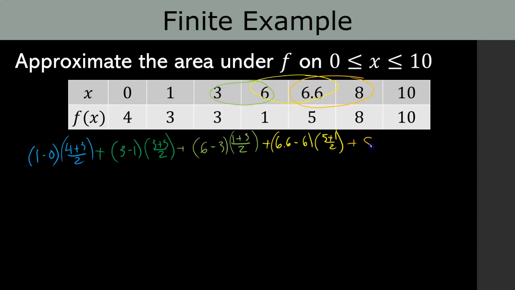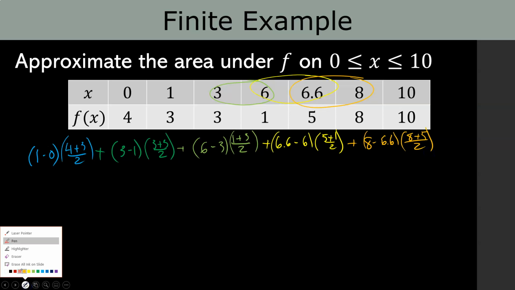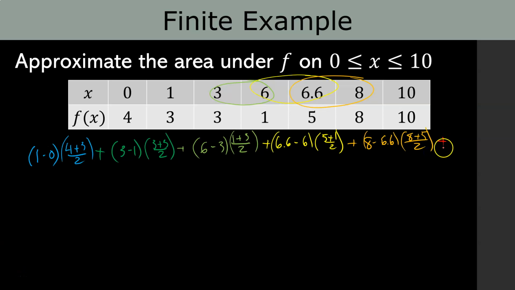Plus 8 minus 6.6 times an average height of 8 plus 5 over 2. And I think I can squeeze that last one. Plus 10 minus 8, that's the x's, times 10 plus 8 over 2. And that's it. Kind of annoying and straightforward at the same time.